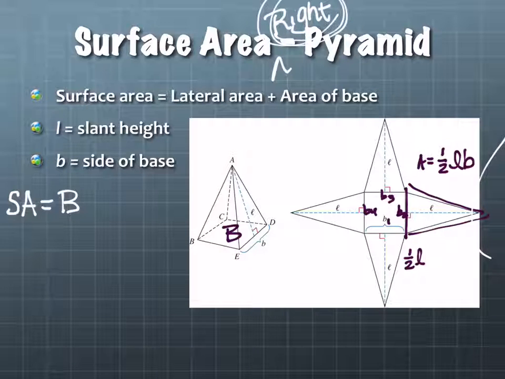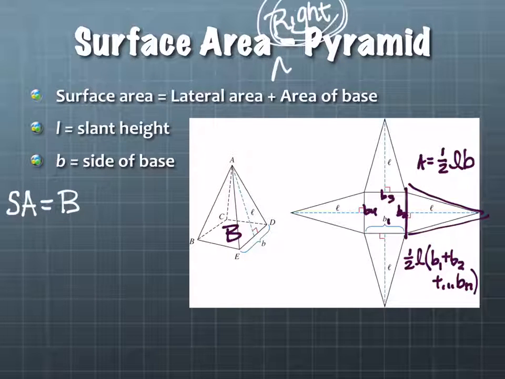Okay, what was I doing? Oh yeah, so they all have a 1/2 and an L in them. And then we would notice that they all potentially have different base lengths. Base 1 plus base 2 plus all the way up to however many bases they have, base N, we'll say for a minute. But what would happen if you added all those bases together?